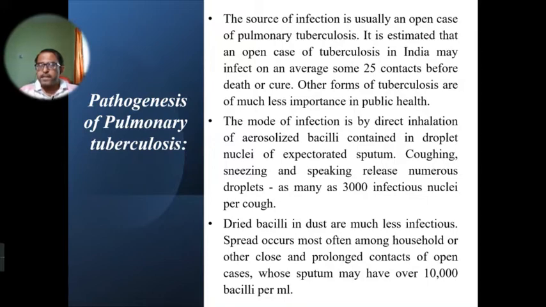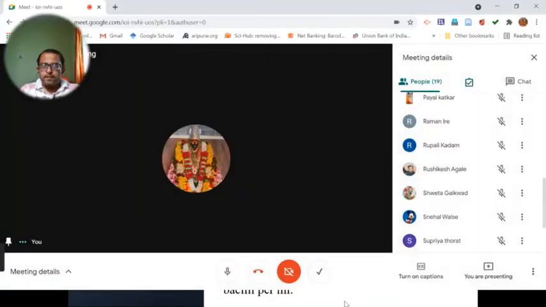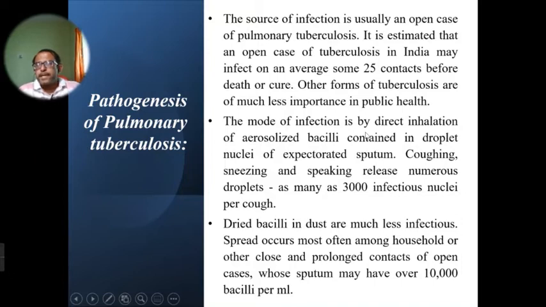So this much amount of bacteria is given out by that open case source, and from that the bacteria come into the environment, and in the environment they remain for 8 to 10 days under suitable conditions in droplet nuclei. As we have seen in etiology, this bacteria remains in the environment up to 8 to 10 days, and it may act as an important source to the healthy person, and in that healthy person this infection is taken by the inhalation mode.